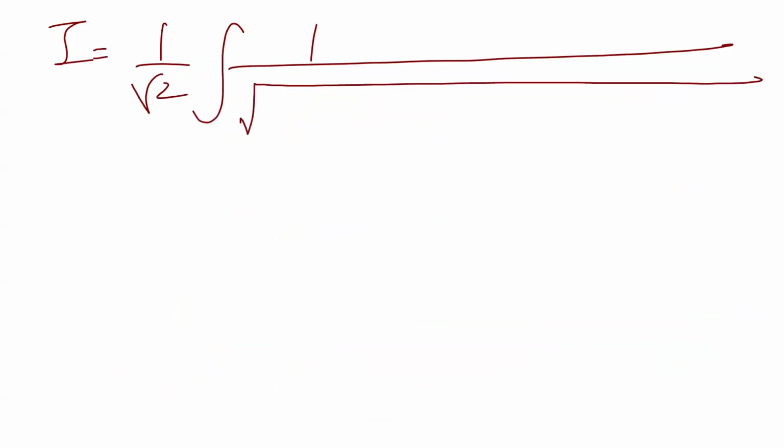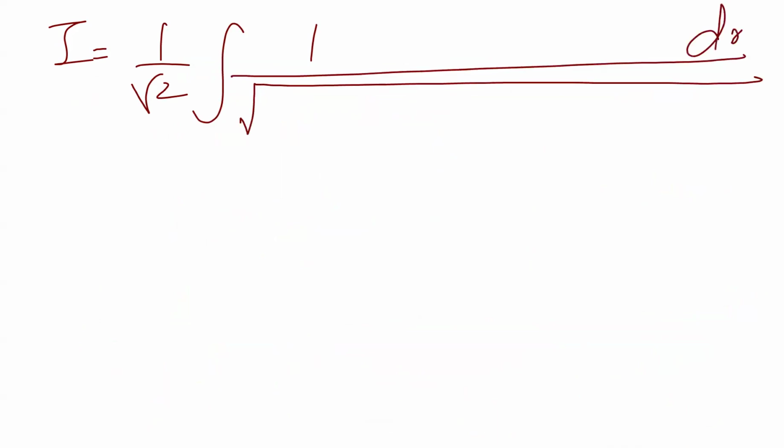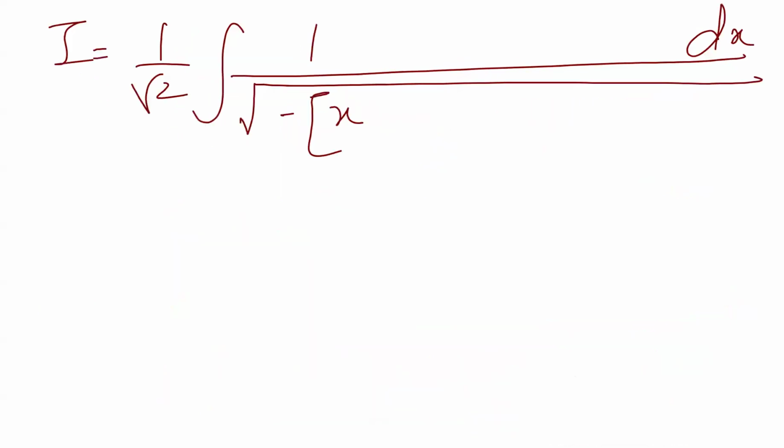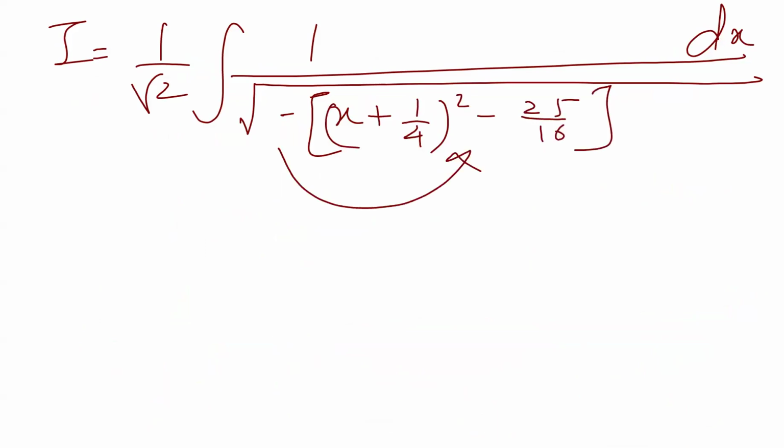So I is equal to 1 upon root 2 we have taken outside. Take minus sign. So this is x plus 1 by 4 the whole square minus 25 by 16. Okay, now take this minus sign inside, reverse the terms.